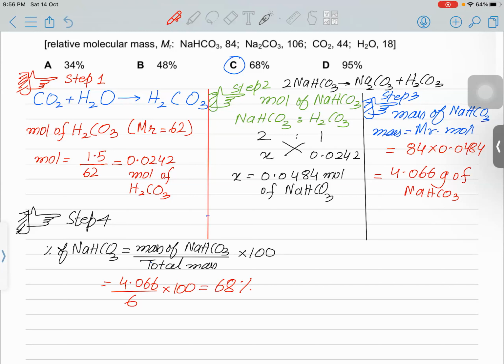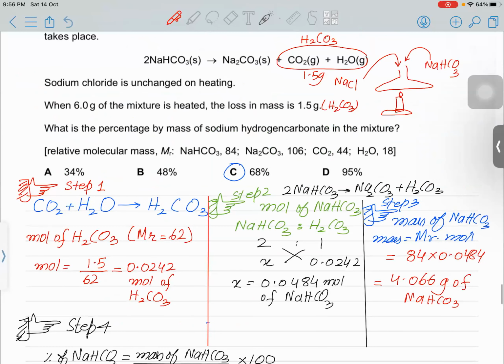Sir, if H2O and CO2 are given, that means it's H2CO3? Yes, whenever you have CO2 and H2O, it means you have H2CO3, right?